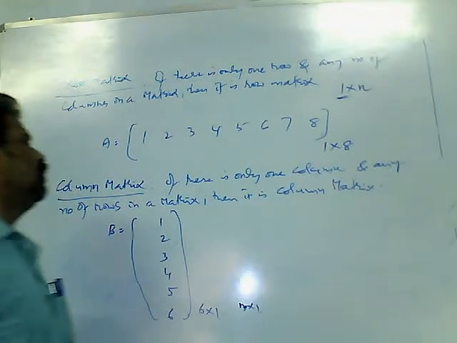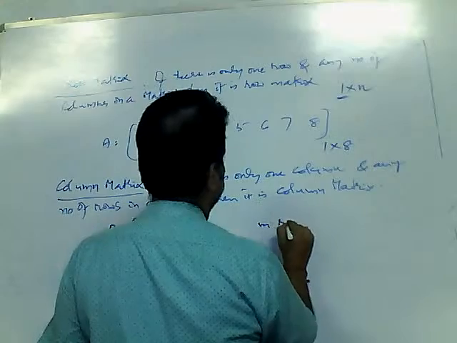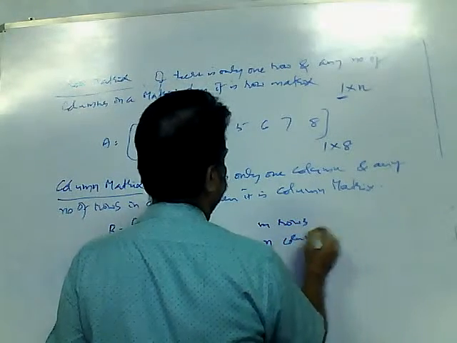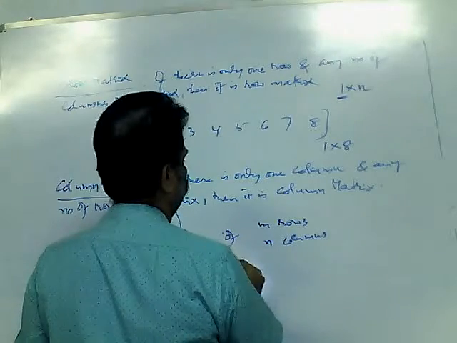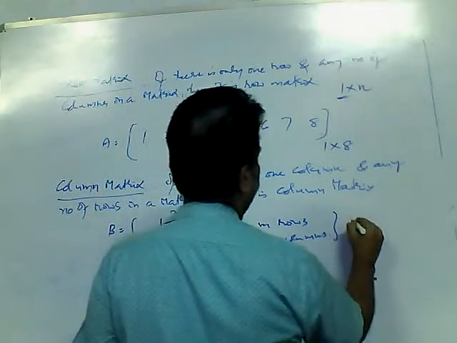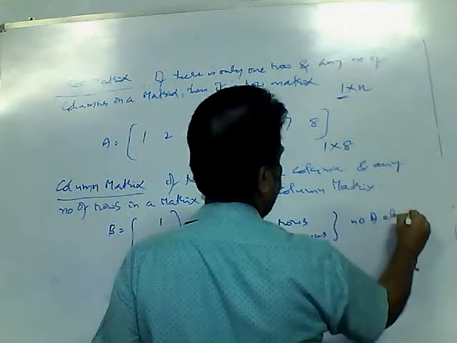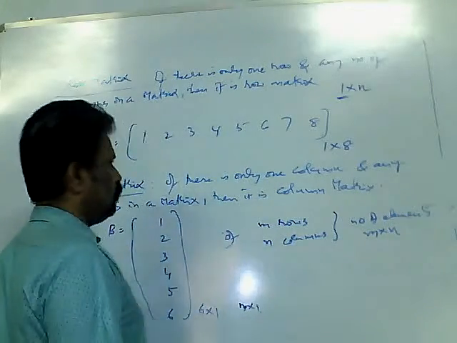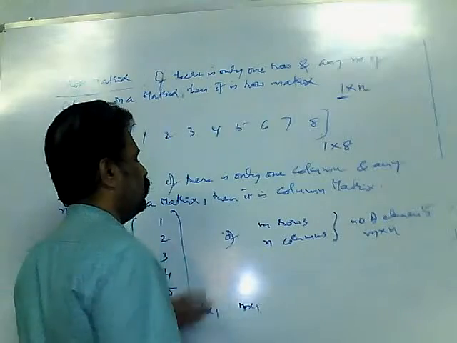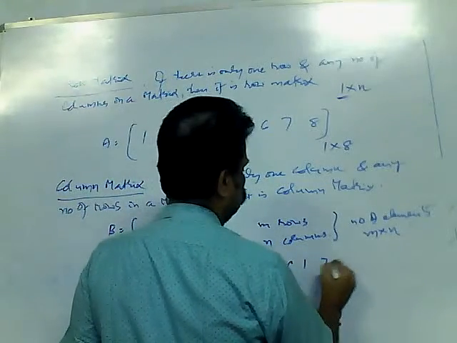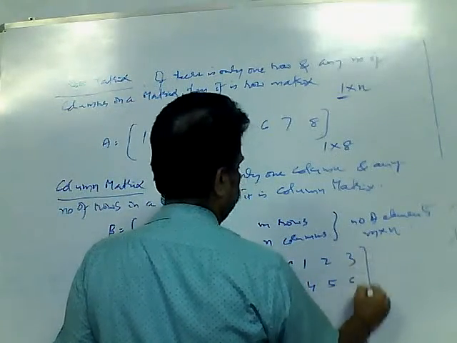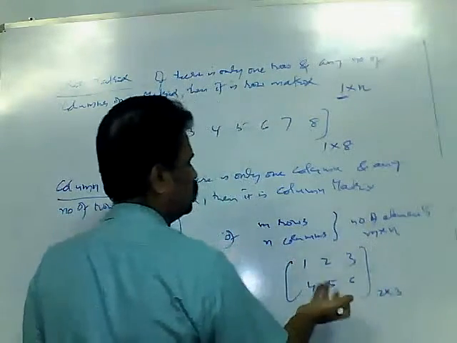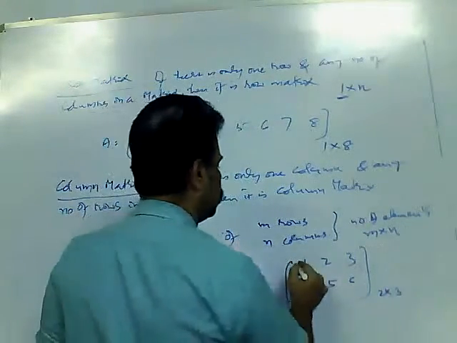Now, if there are m rows and n columns, this is a simple common sense question. If the matrix has m rows and n columns, then the number of elements is automatically m into n. Here 6 elements are there, here 1 into 8 elements are there. Suppose 1, 2, 3, 4, 5, 6: how many rows are there? 2. And columns? 3. So how many total elements? 6 elements, 2 into 3, 6.